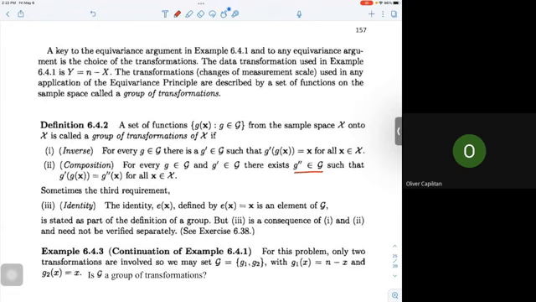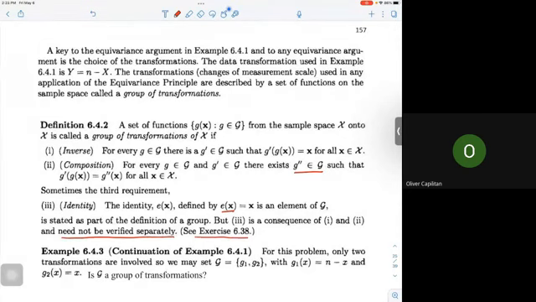The identity e of x is defined by e of x equals x, and this is a function, so it is an element of script G. As stated, the identity is part of the definition of a group, but the third condition is a consequence of the first and second and need not be verified separately.